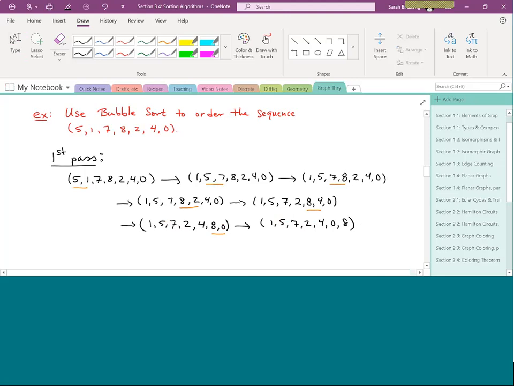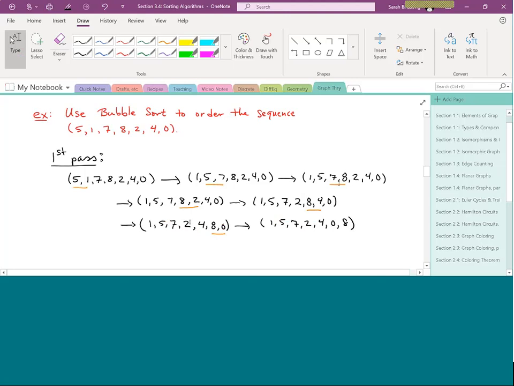So 8 will get moved into that very last position, which is where he's going to stay for the rest of the time. So notice here as we did a sweep, this would be one complete pass through the entire sequence. What happened? We compared each one of our consecutive pair of terms of our sequence, and we move things down. Notice at the end of the pass, and this is why we said there was a maximum of n-1 passes, you're not going to do this just once, because here, notice the numbers are still not in perfect order.